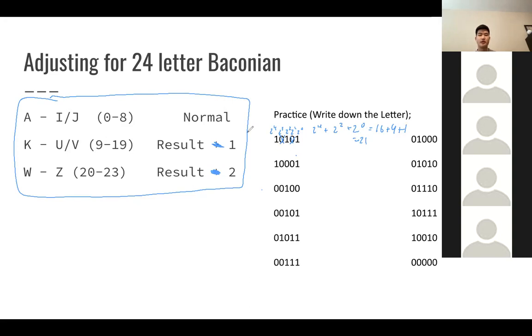But if we think about it, IJ and UV are merged. So actually this is 8, and this is at 19, because we have to think about 1 less than what U would be. U is usually 20, so 21 is actually 2 after V. UVWX. So this is actually X.